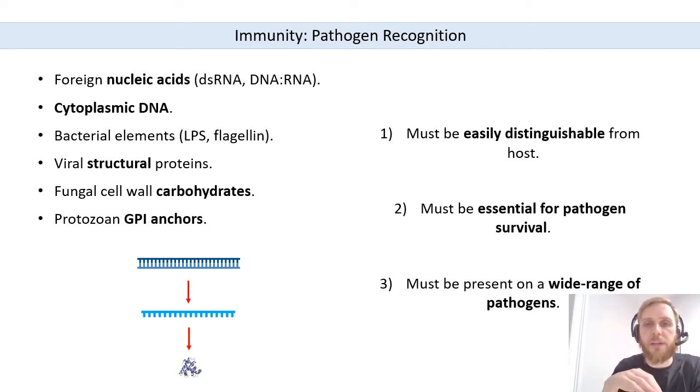So these meet the criteria on the right. Structural proteins found on viruses, fungal cell wall carbohydrates, and GPI anchors on protozoa as well, all meet the criteria on the right: distinguishable from host, essential for pathogen survival, and present on a wide range of pathogens.